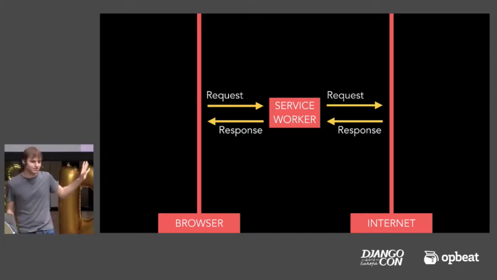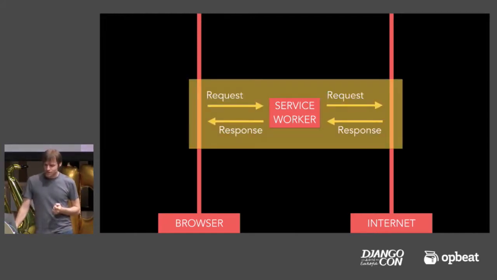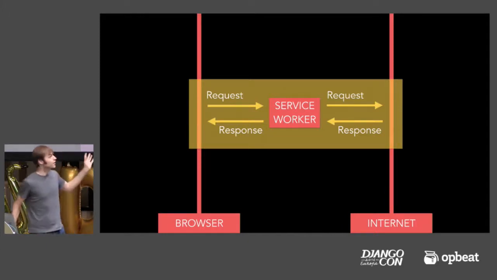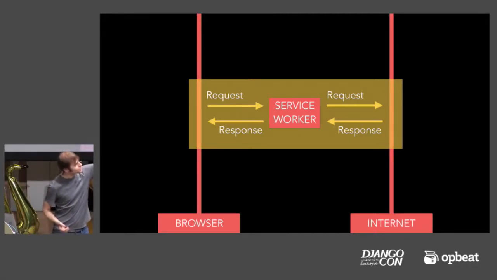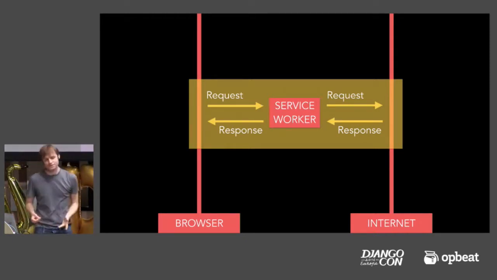I'll explain what that actually is. Just at this point, it's this nebulous concept of a service worker. So without the service worker, or if you have a service worker that is a no-op, the simplest possible service worker, it doesn't do anything. It just forwards all requests to the internet and brings back the responses to your browser.